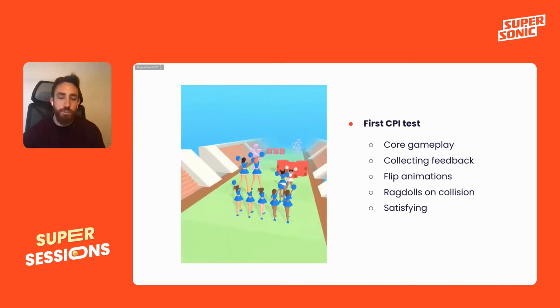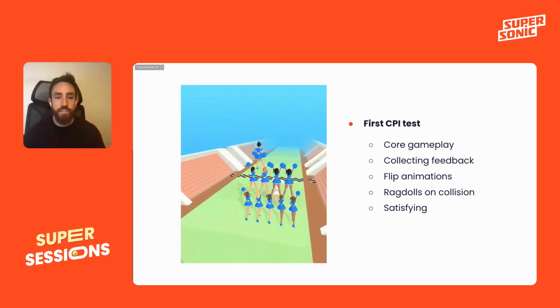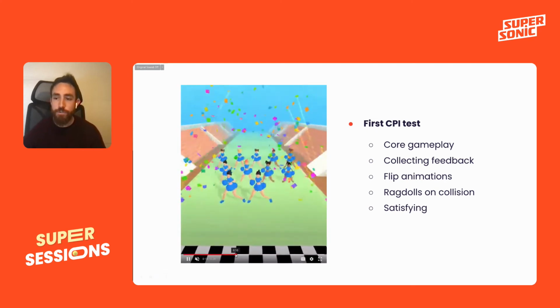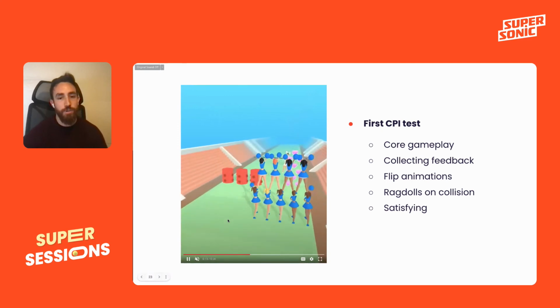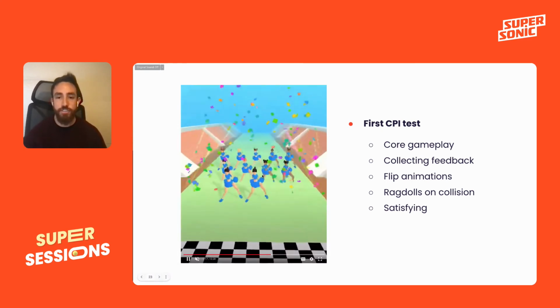So basically, with 3 features, they are not that complicated, but we invested a lot in this gameplay. As you can see, when you are collecting, the cheerleaders have this flip, and this was basically what we tested for the first ever iteration on cheerleaders.